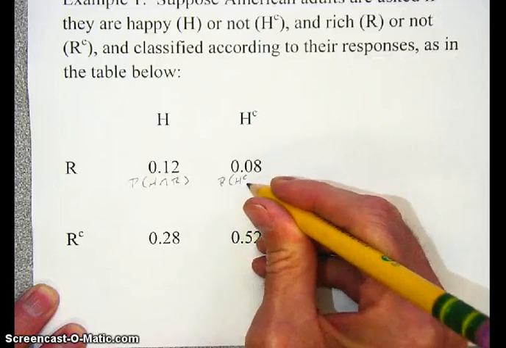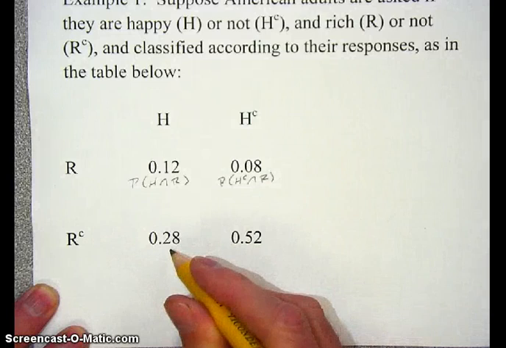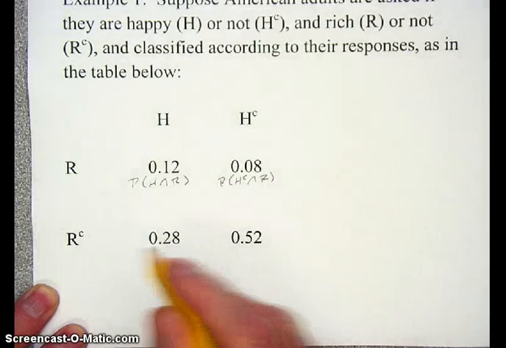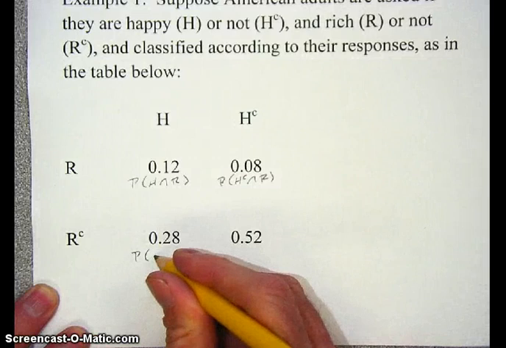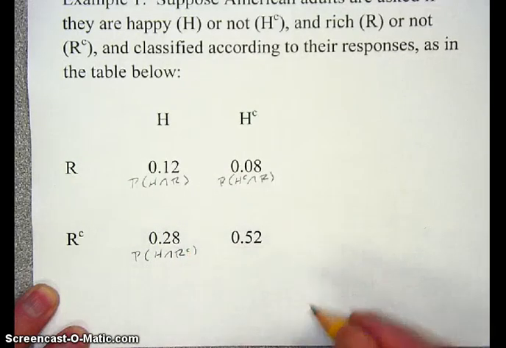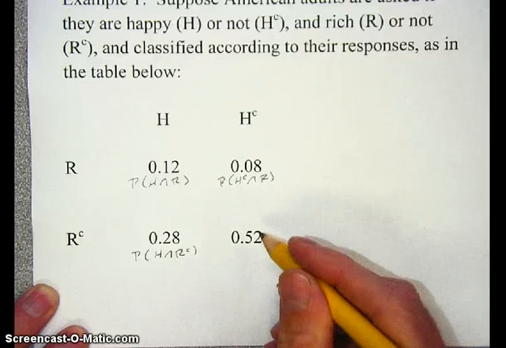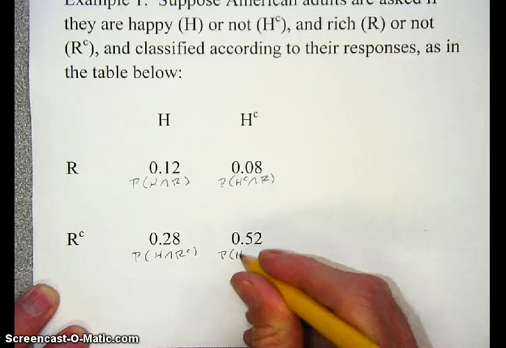So they're not happy and they are rich. This proportion represents people who are happy but not rich. So this would be the probability or proportion of people who are happy and not rich, written in symbols like that. And then this would be the proportion of people who are neither happy nor rich.